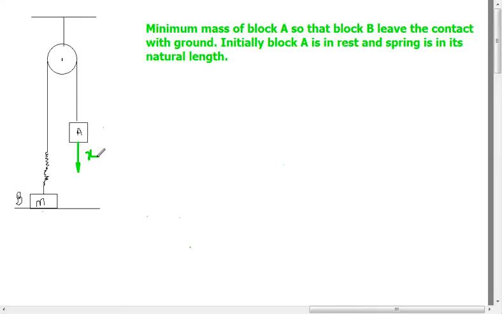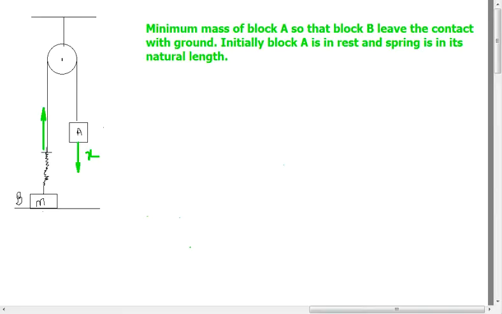Now, if block A comes down by an amount x, the length of the spring is not going to change, so the extension in the spring is going to be x, because this end moves upward by x.